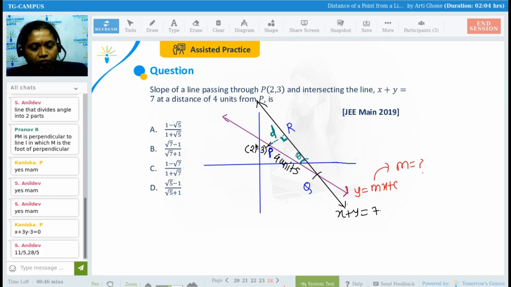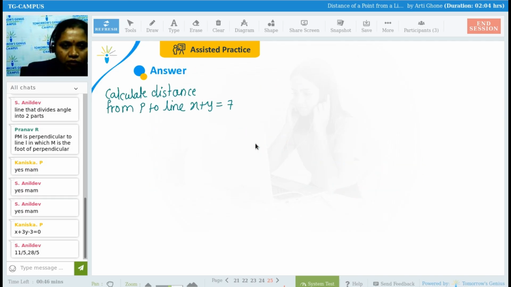Done with the distance? Is it that much difficult? Coordinates of P are (2, 3) and the line is x plus y is equal to 7.